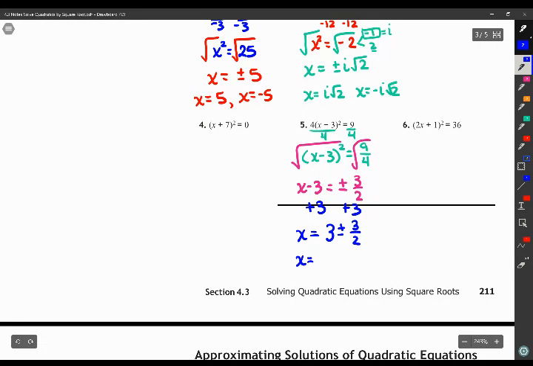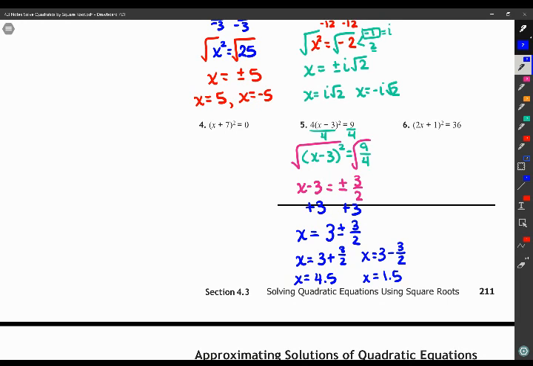But this ends up being 2 problems, 3 plus 3/2 and 3 minus 3/2. Because those are both normal numbers, you actually need to do out the work. So 3 plus 1.5 is 4.5, and 3 minus 1.5 is 1.5. I can just put that in my calculator to get my answer without a problem.